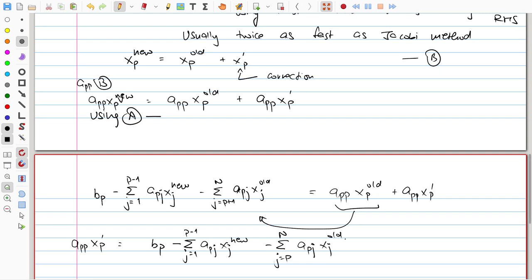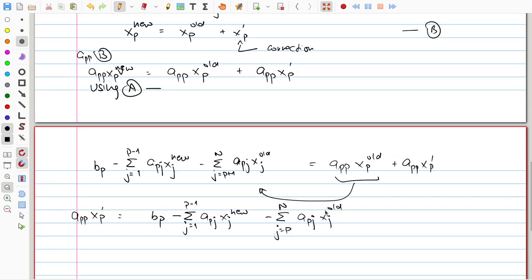So, this gets absorbed in the summation. In the summation, the second summation, which was on the old values, goes from j equal to p to n. So, this is the expression for the correction. Just a different way to write things.